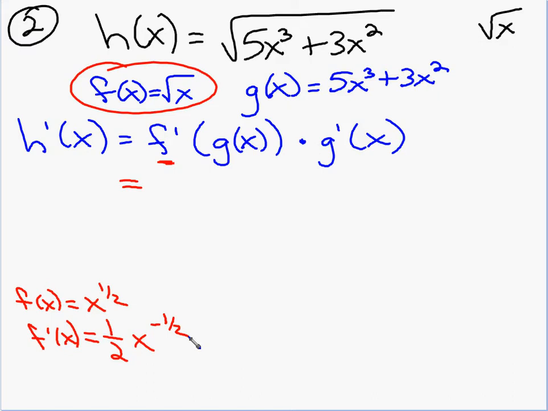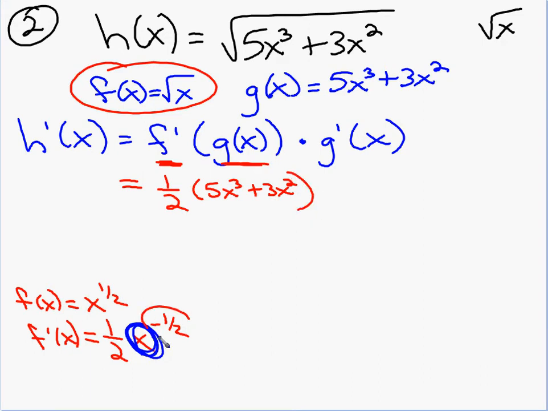Now, that is f prime of x, but my chain rule says it's supposed to be f prime of g of x. So this is going to be 1/2, and I'm going to put g in right here. So this is going to be 1/2 times 5x cubed plus 3x squared, that whole thing to the negative 1/2 power.